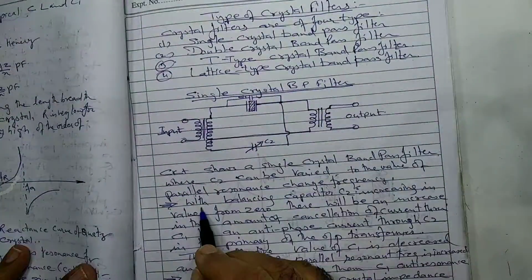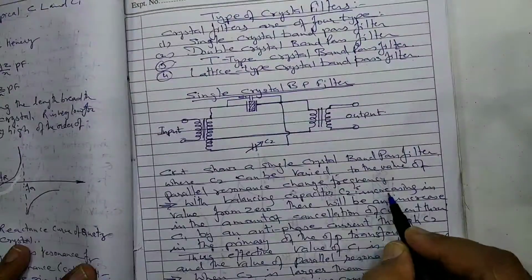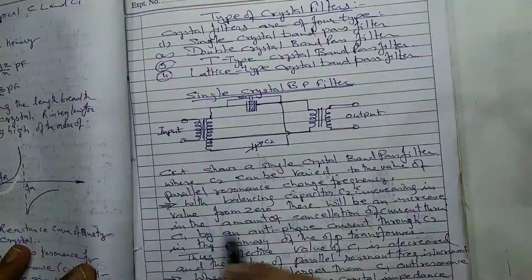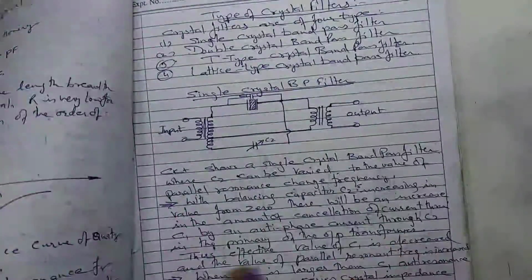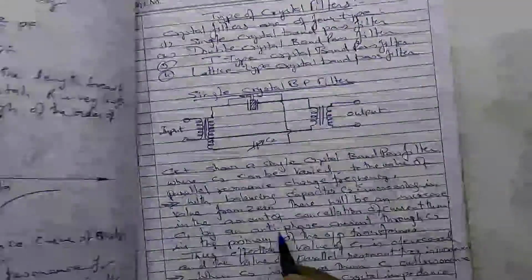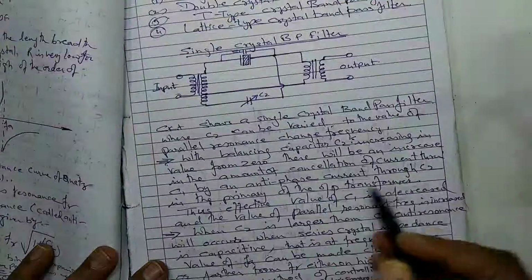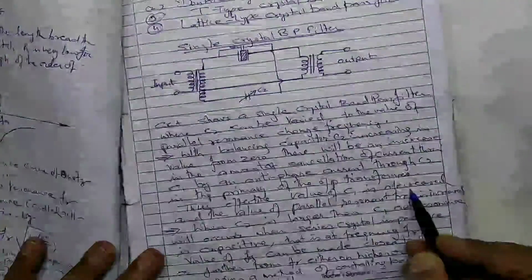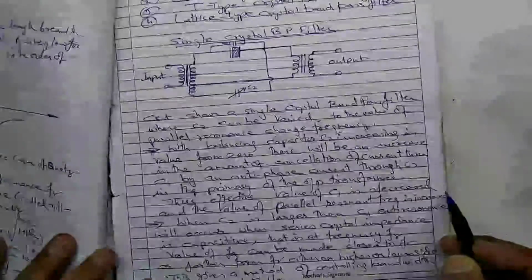Changing the parallel resonant frequency with balancing capacitance C2 increasing in value from 0, there will be an increase in the cancellation of current through C1 by an antiphase current through C2 in the primary of the output transformer. Thus, the effective value of C1 is decreased and the parallel resonant frequency is increased.